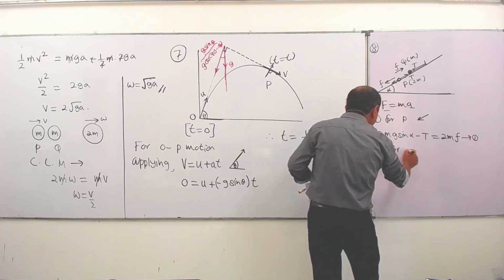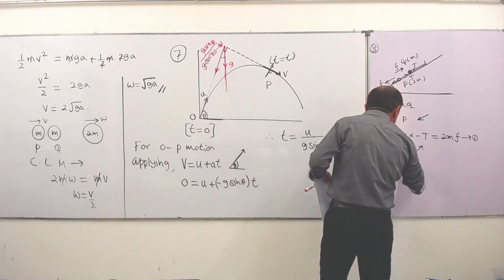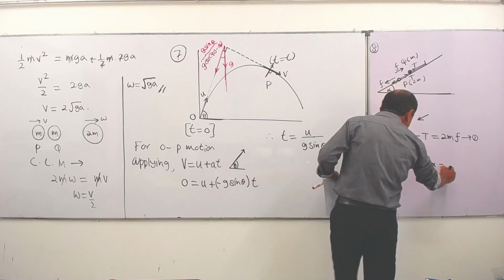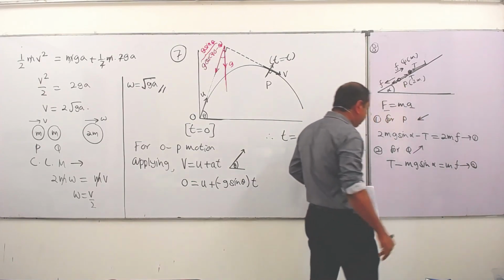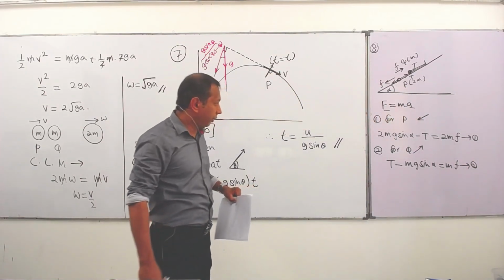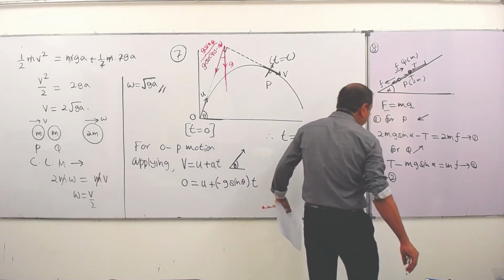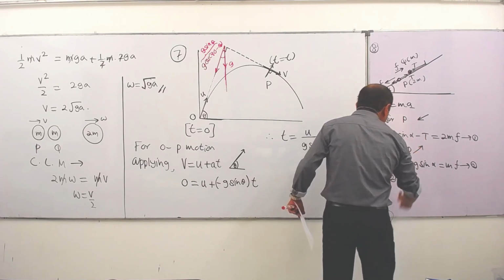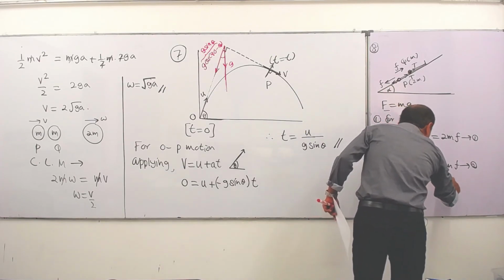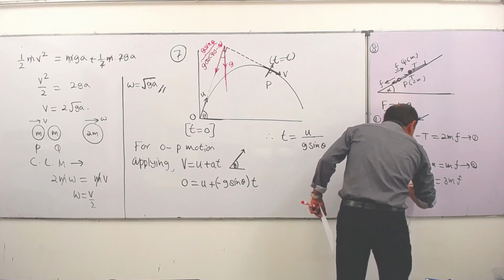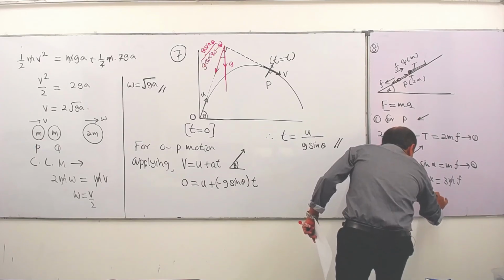Secondly, for Q in this direction: T minus mg sin alpha equals mf. Number 2. Now by solving these two equations, adding 1 plus 2, T you can cancel down: 2mg sin alpha minus mg sin alpha equals 3mf. M you can cancel down. F is equal to g sin alpha over 3.